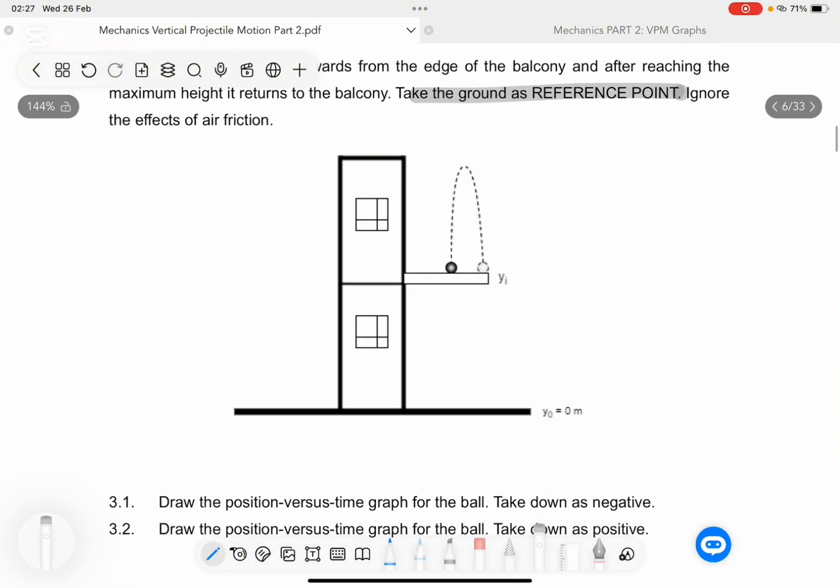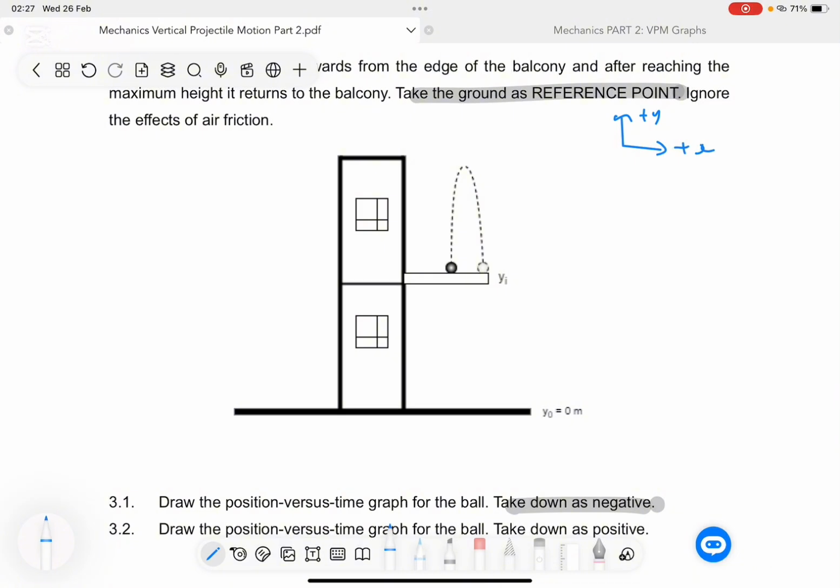Now question 3.1 says draw the position versus time graph for the ball. Take down as negative. Again, it means here we are choosing upwards as positive because we say here down will be negative.